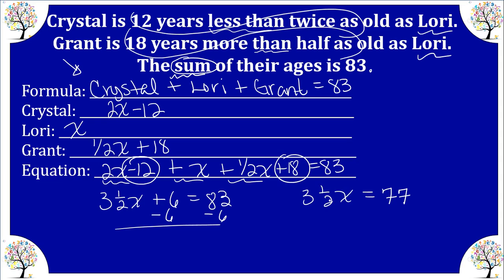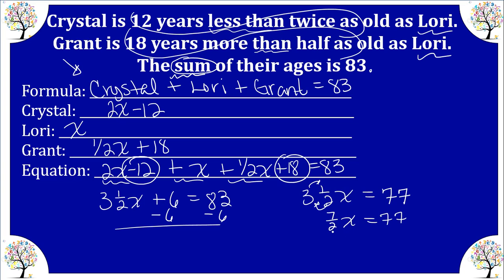Now we are going to divide, so I'm going to rewrite this into an improper fraction, but remember you can use a calculator in this unit. And so we're dividing by 3.5, or we could say this is 7 halves x equals 77 because it was 2 times 3 plus 1 to get 7 halves.